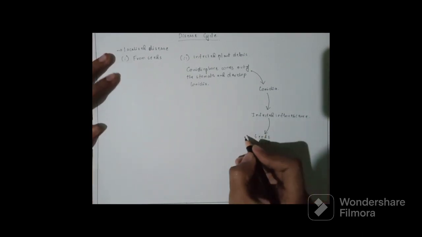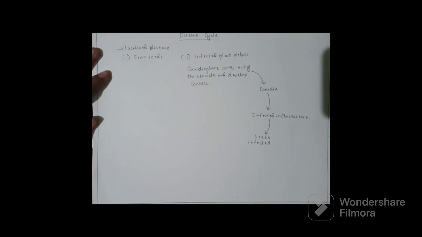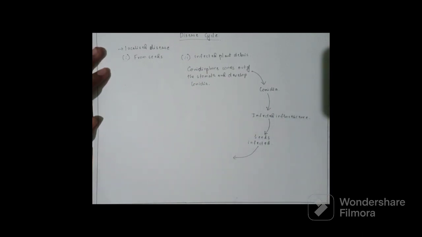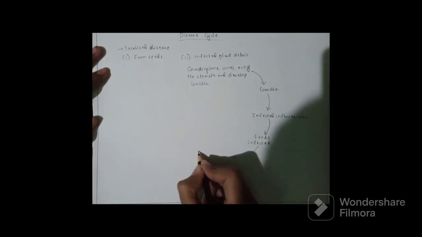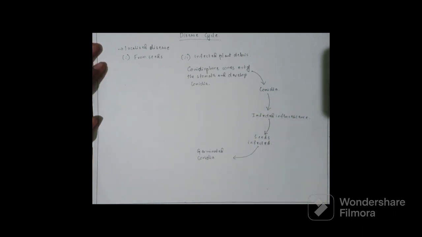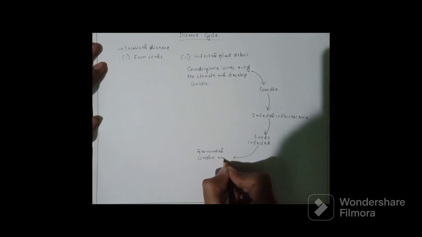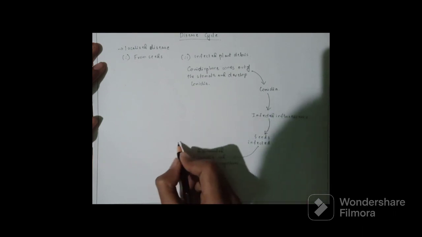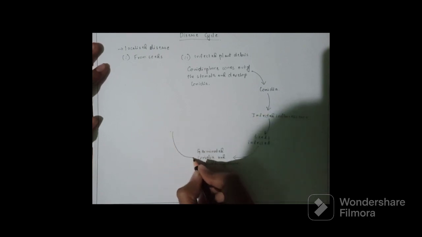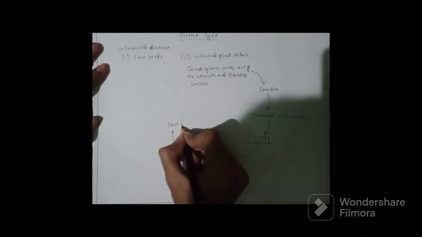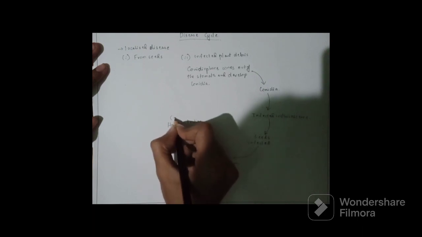Now, from these, it germinates. The germinated conidia, as shown, how the conidia germinates and activates the mycelium, which in turn causes the overall host infection, all parts.